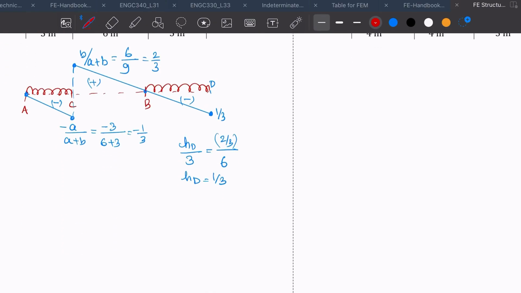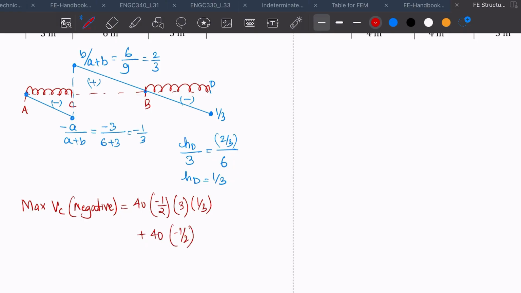So now if you say maximum shear force at C, negative, will be equal to 40 into the area: minus half into 3 into 1 over 3, plus 40 into half, because there are two areas, 3 into 1 over 3, and this also will be a negative value because they are in the negative region.